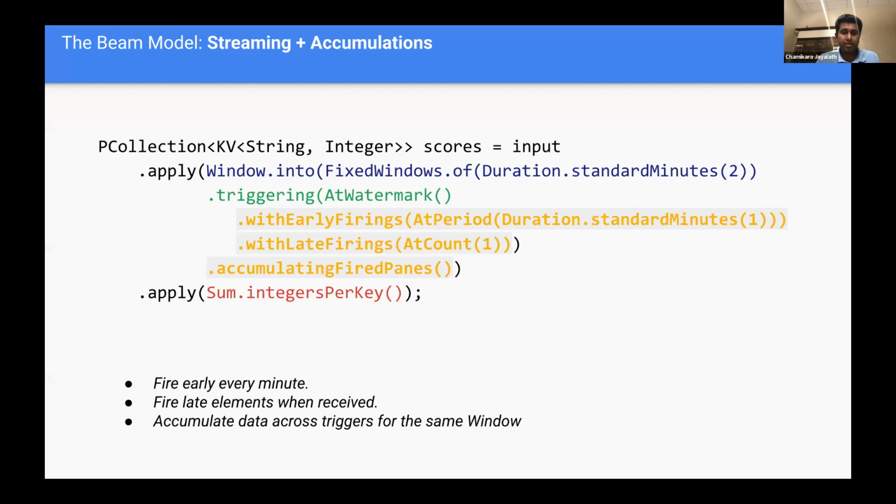When you say accumulating fired panes, that means that the system should keep track of previous triggers for the same window and fire the aggregated result. So if it fired at the first minute, it will fire all the data for the first minute. At the second minute, it will fire data for the whole 2 minutes, right? Likewise, it will keep firing the full data set. The other option here would be to discard the previous trigger and only fire the diff between the two triggers.